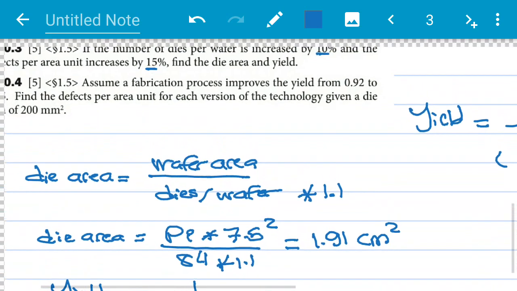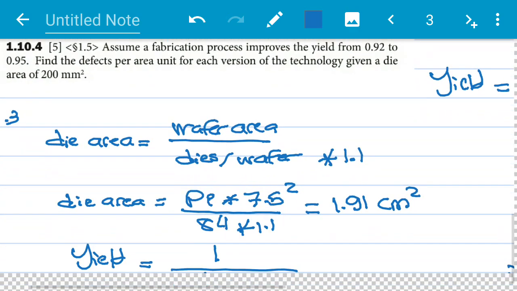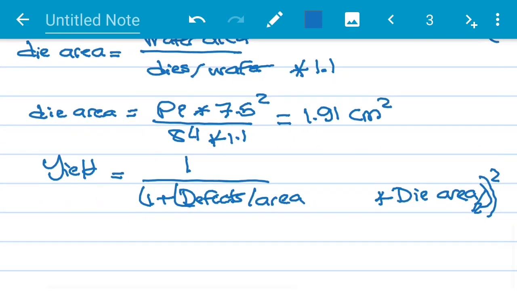Let's recall that he needs the defects per area to increase by 15%. So we multiply the defects per area by what? By 1.15.